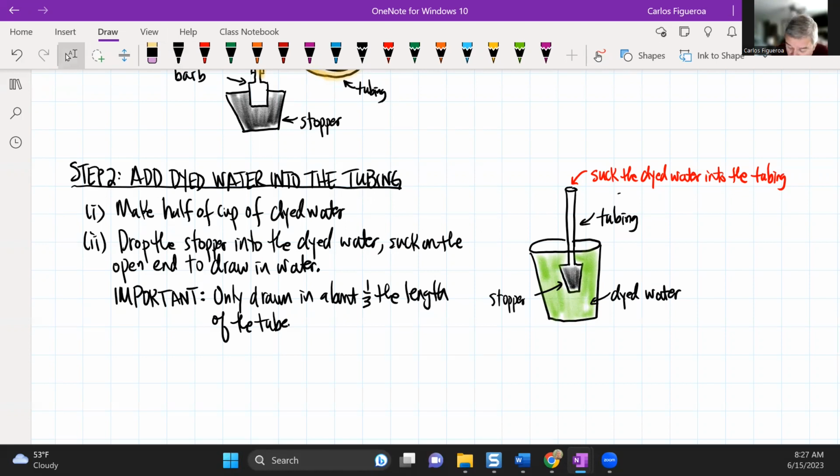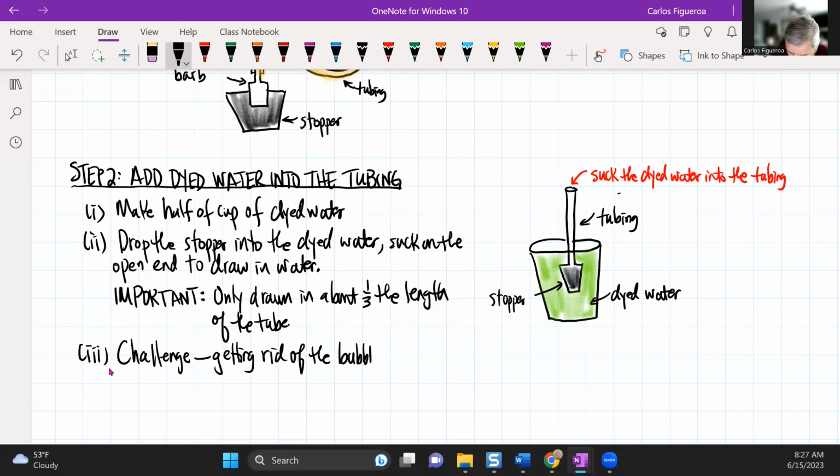So now here's the challenge: getting rid of the bubbles in the dyed water.